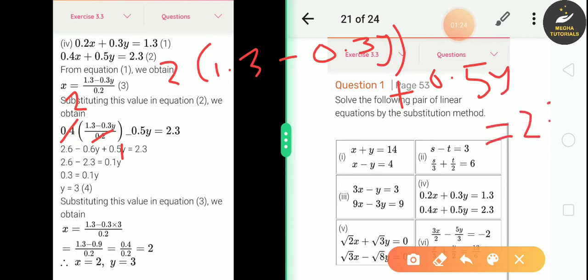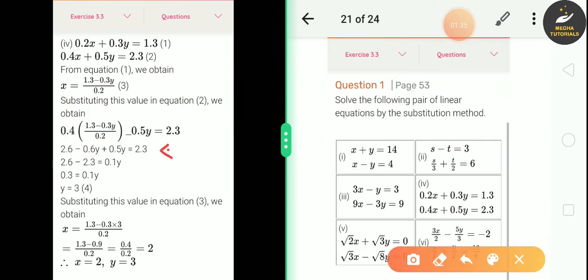Okay, so 2 into 1.3 is 2.6, 2 into 0.3 is 0.6y. So we'll get 2.6 minus 0.6y plus 0.5y is equal to 2.3. Then we can transpose this 2.3 on the left side, and from this we'll get minus 0.1y, which we can transpose on the right hand side, so we'll get 0.1y.